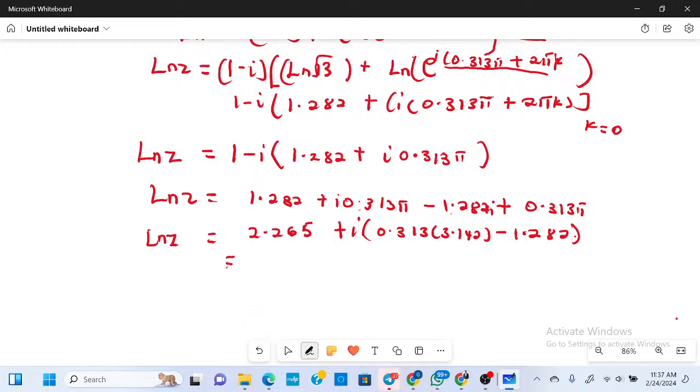So I have 2.265 plus i, open brackets, 0.313 times 3.142 minus the expression 1.282. And that is giving me negative 0.2985, so let's make it 0.299.